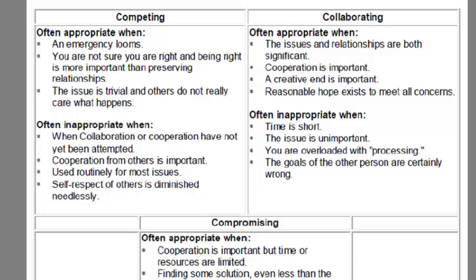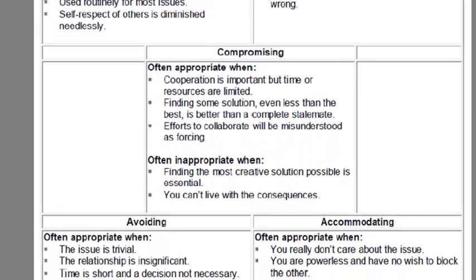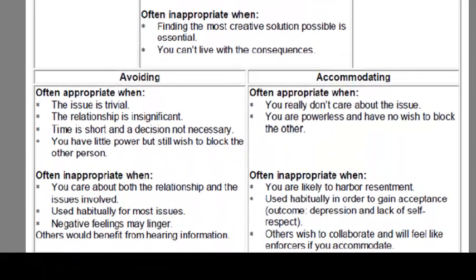That has some predictable results. Collaborating, appropriate, inappropriate. Compromising, when's it best, when's it not. Avoiding, that's a very, very interesting one. When a person has avoiding as their permanent or baseline conflict style, they have a lot of work to do to really get better at conflict. Accommodating, when's it appropriate, when's it inappropriate.